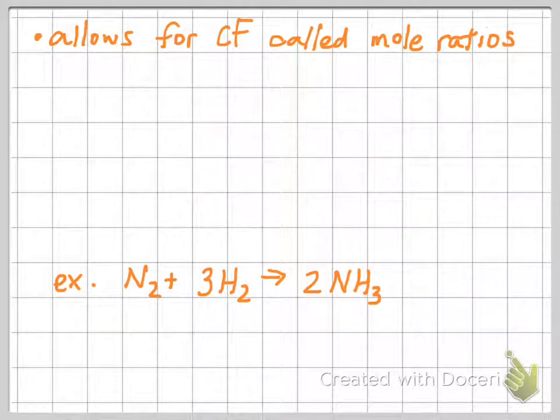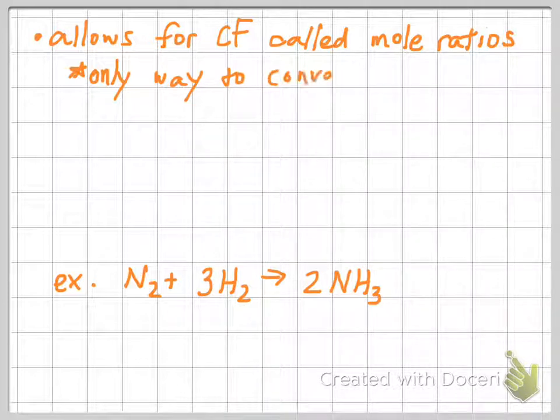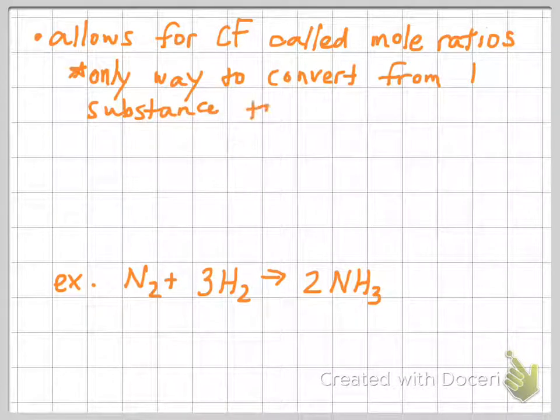Okay, so if I have a balanced chemical equation, I can write some conversion factors which are called mole ratios. Mole ratios are really important because mole ratios are our only way to convert or change from one substance to another substance.